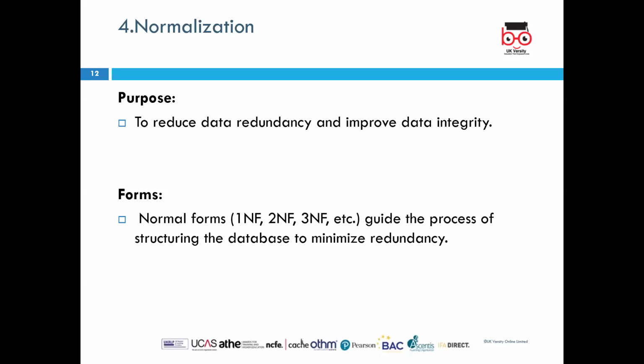In order to avoid these fields repeating and creating a very messy, confusing database, we now have to normalize it. So we have to break it into smaller tables to reduce the redundancy and improve our data integrity.